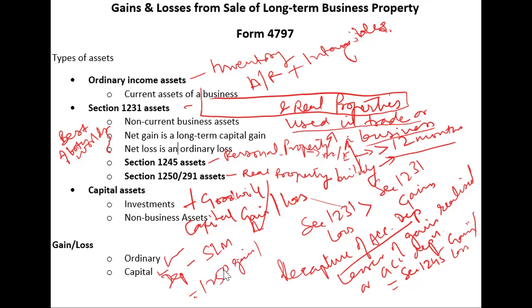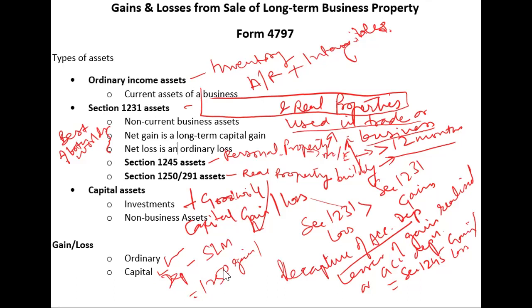The 1250 gain applies only to assets placed into service under the old accelerated methods of depreciation for real property, as the current rules require straight line depreciation for real property.